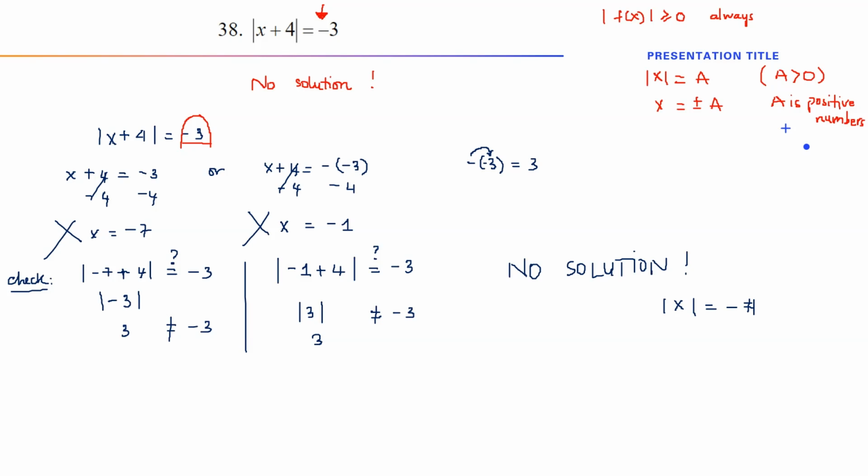When we remember the fact that for the absolute value of x equal a, a has to be greater than 0, then we have solutions. If a is less than 0, or a negative number, we have no solutions. So that saves our time.